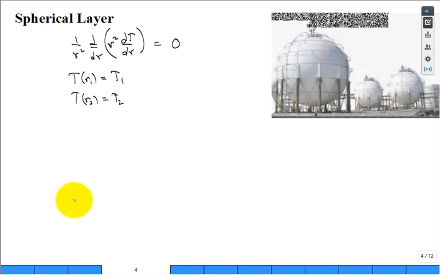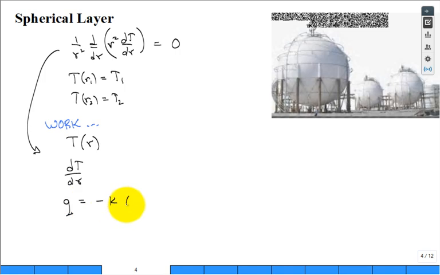Okay. Well, you have a well-posed mathematical problem, and with a little bit of work you can get the temperature as a function of r. After you get the temperature as a function of r, you want to get dT/dr. Why do I want the derivative of the temperature profile? Because I put it into Fourier's law, minus kA dT/dr, and I should get a constant Q through the system.